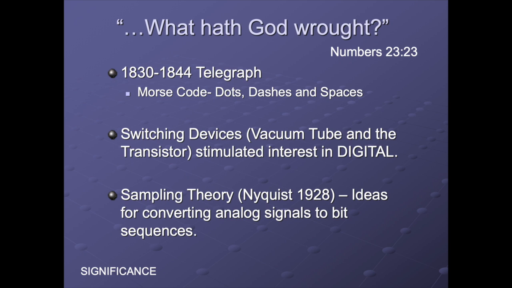Both these guys worked at Bell Labs, where they did a lot of high-level research in terms of information and communications and how to represent those things. Nyquist came up with sampling theory, the idea of how do you represent analog signals with bit sequences, and of course we've talked about that a lot in this course. All right, so that's the context.